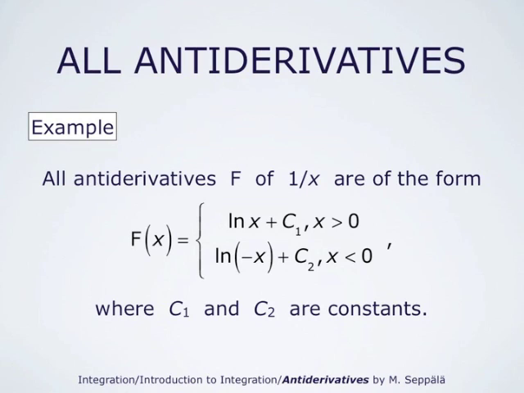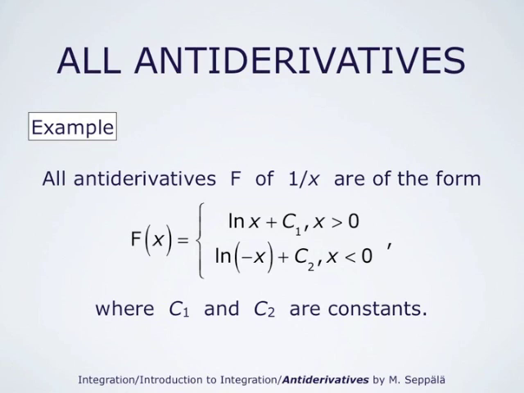Now, the function log of x and 1 over x are defined only for x positive or x negative. They are undefined for x equals 0. From this it follows that all antiderivatives of the function 1 over x are of the form log of x plus some constant c1 when x is positive, and log of minus x plus some other constant c2 when x is negative.